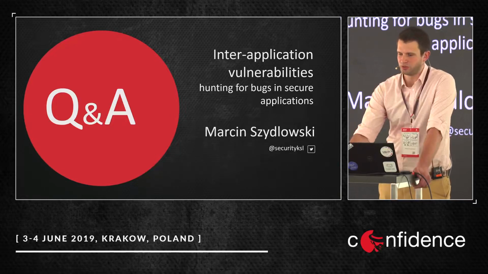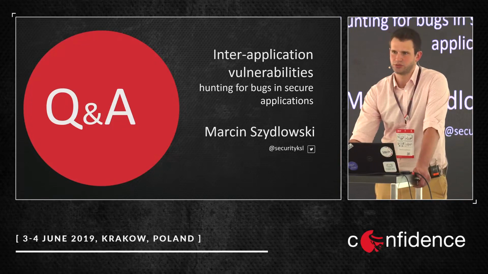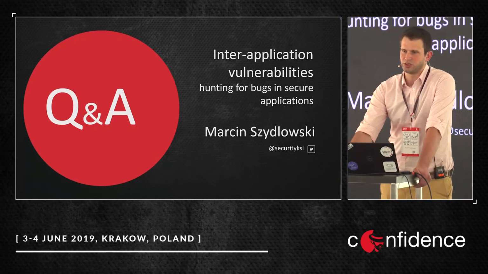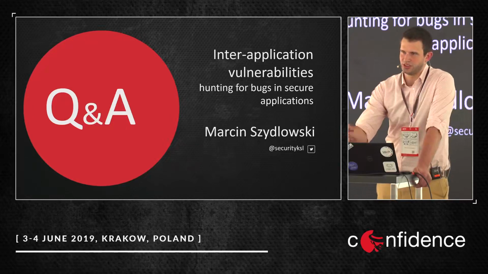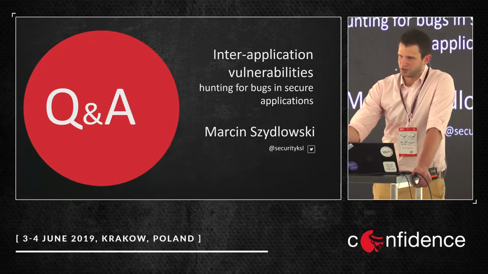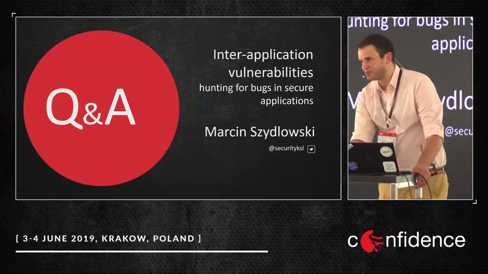Maybe input filtering is not there on the mobile, and maybe output encoding is not in the web. So I believe that the concept is still the same, but the vector is a little bit different. Thank you. Okay, thank you very much.